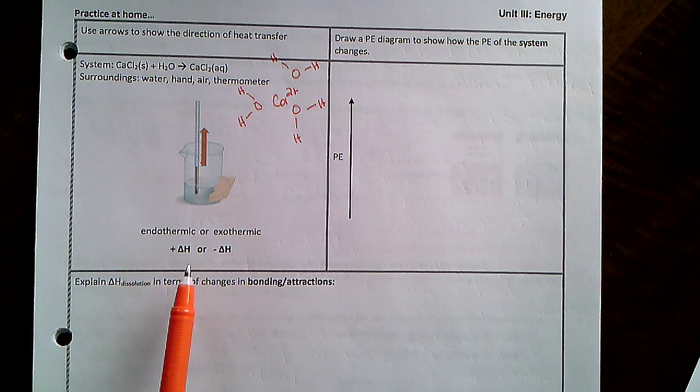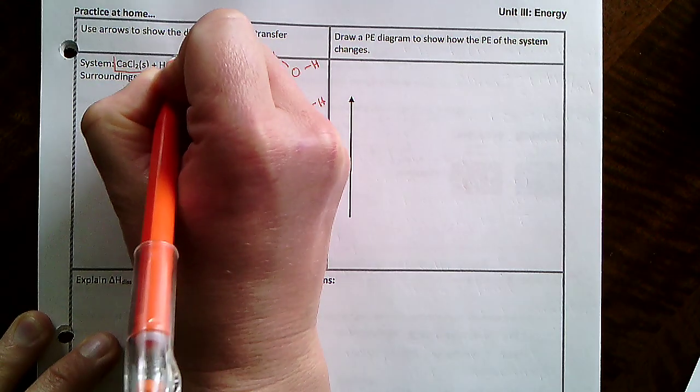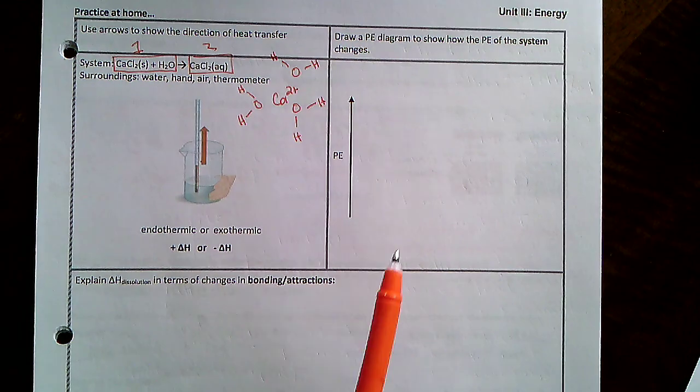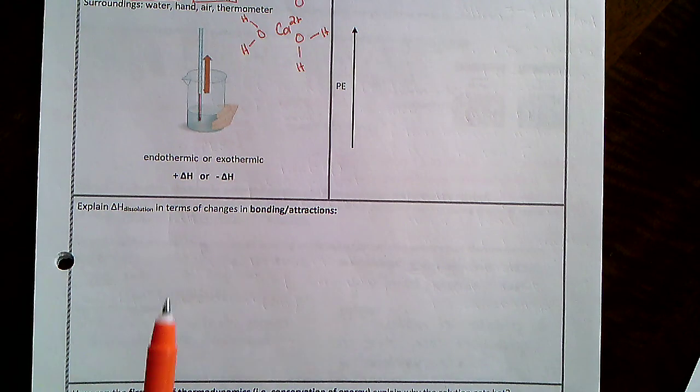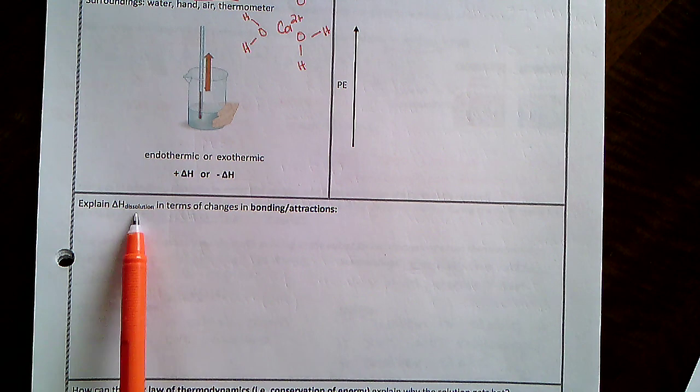I want you to think about endo or exothermic, positive or negative delta H. How would you represent state 1 and state 2 of the system on this energy diagram? How would you explain, we're going to call it the enthalpy of dissolution, because it's not a reaction, it's just calcium chloride dissolving.